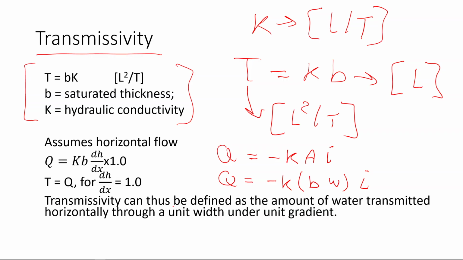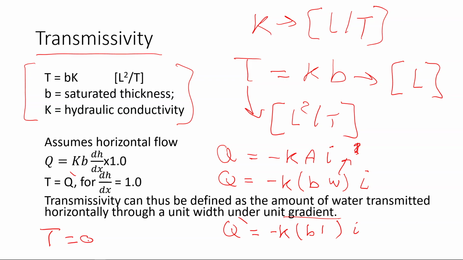So transmissivity can thus be defined as the amount of water transmitted horizontally through a unit width under a unit gradient. So if you assume just a unit width, like 1, and this is I, then we'll have Q prime.